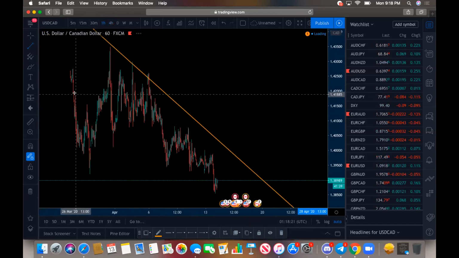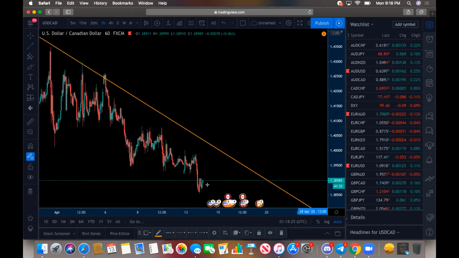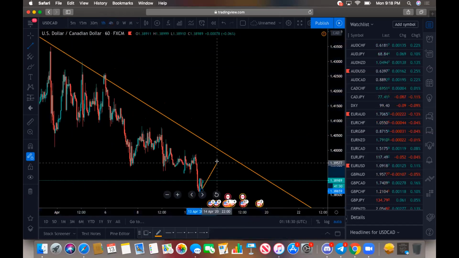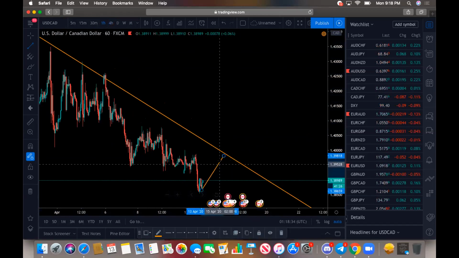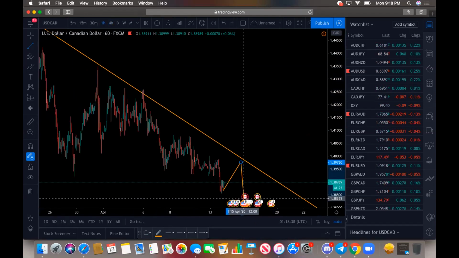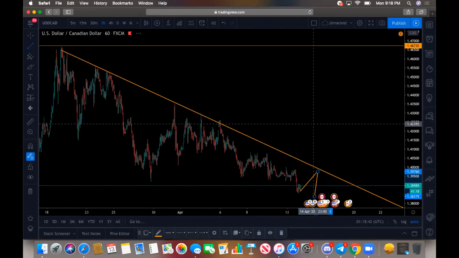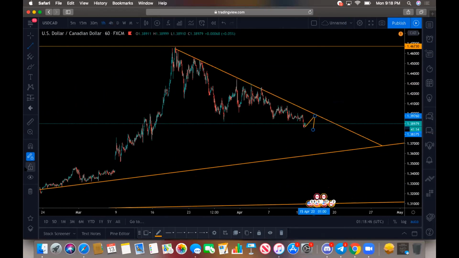So I will go ahead and wait for this to shoot back up to this trend line for my correction and then catch the sale. Down all the way. So I'm looking for the sale all the way down.